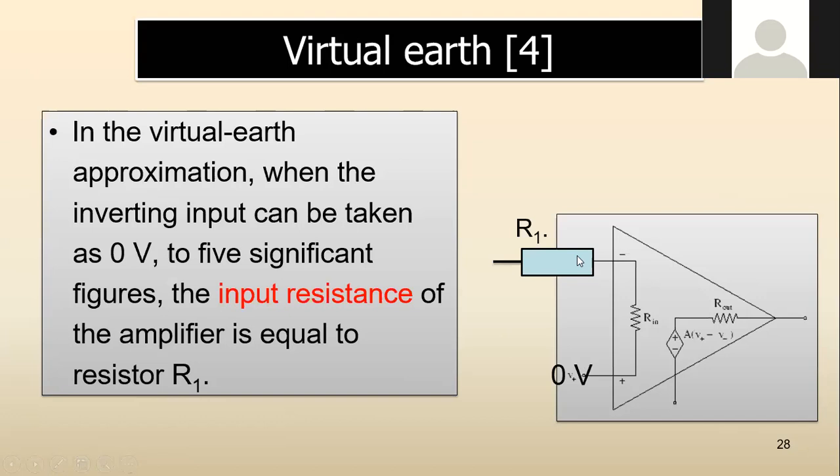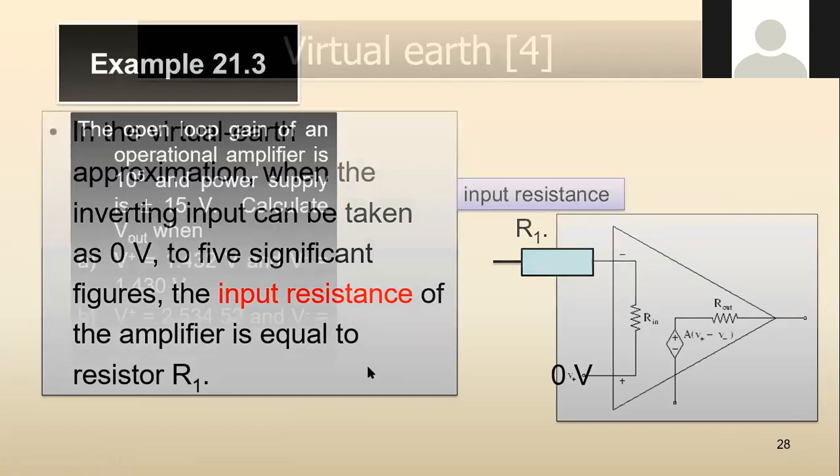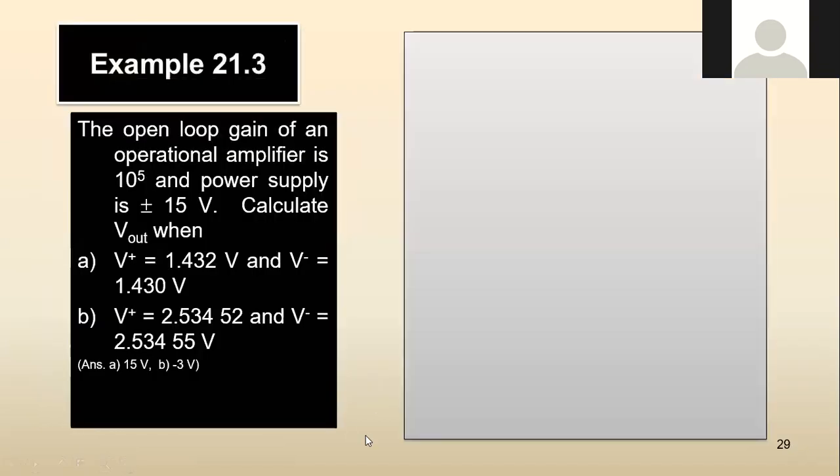Okay, so when you are asked about virtual earth, you can see that usually there are a lot of points given, so you have to memorize all that. This also depends on the number of points given. You want it to find significant figure. Why to find significant figure? Remember this calculation that we did earlier, this example.